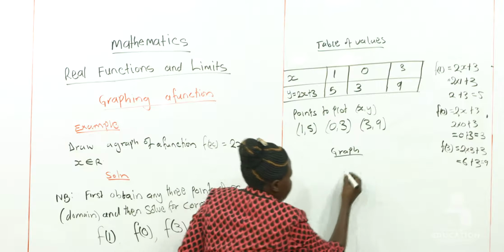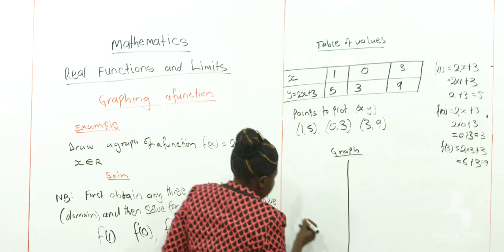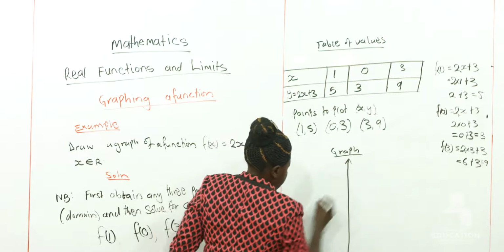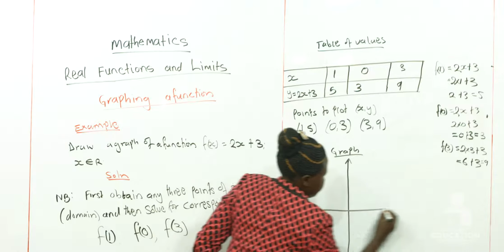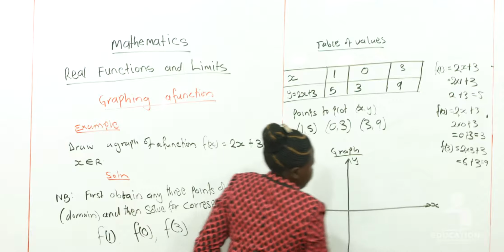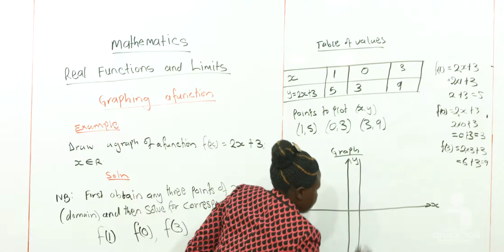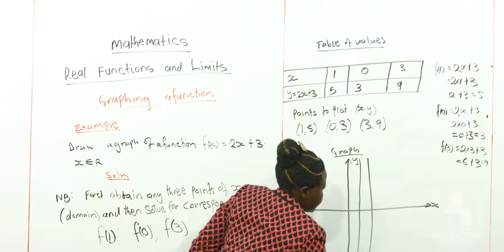So for our graph, this is for y, and then we have the x. We shall have our graph in this nature.